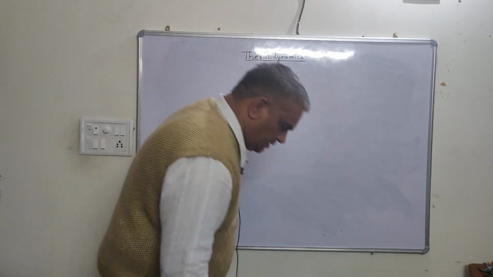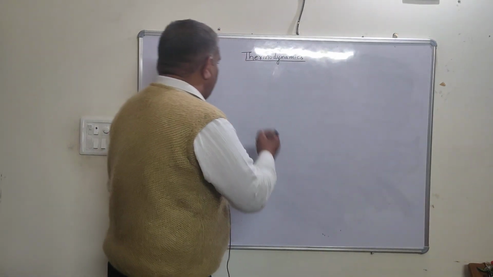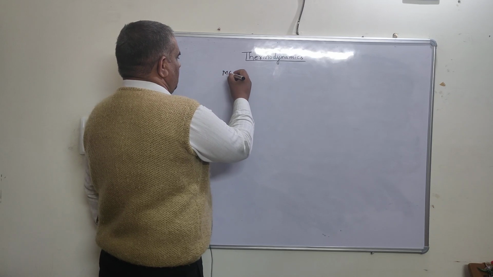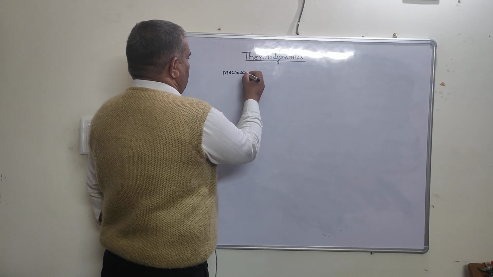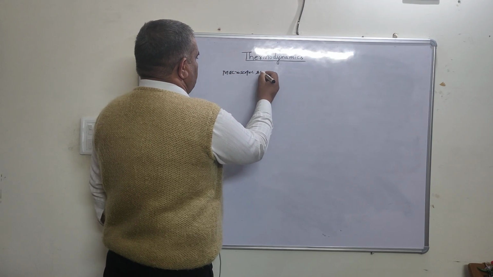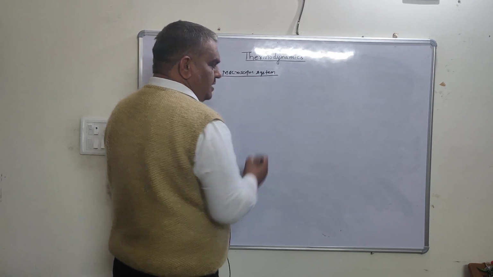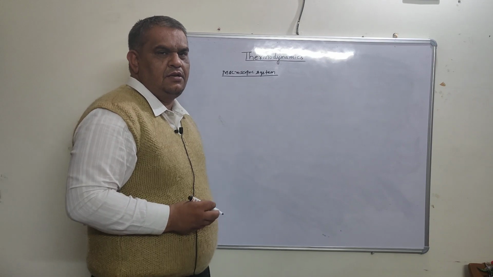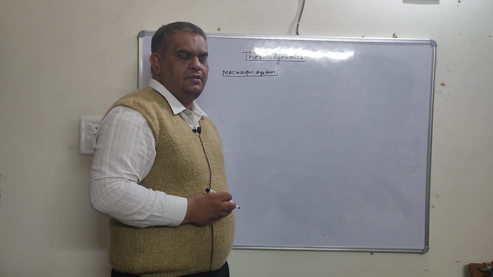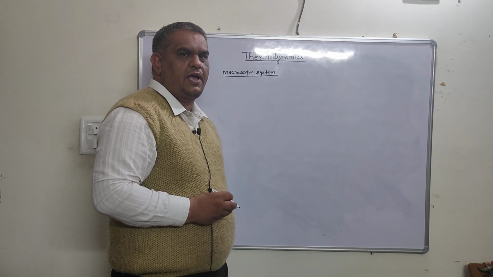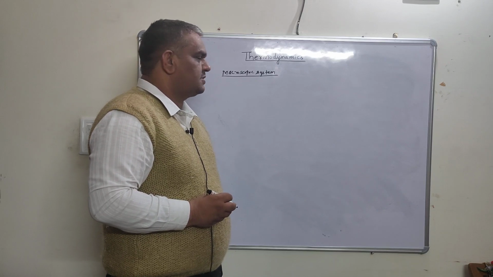Next, some important terms: the macroscopic system and macroscopic properties. A macroscopic system means a system containing a large number of particles, that is atoms, molecules or ions.